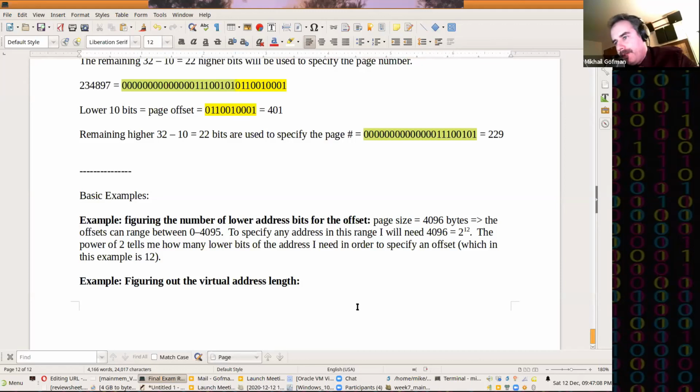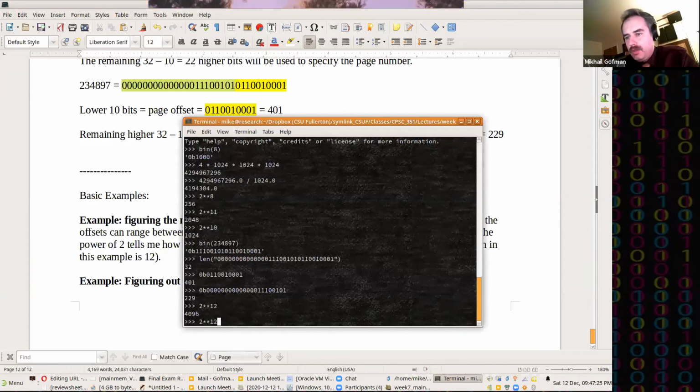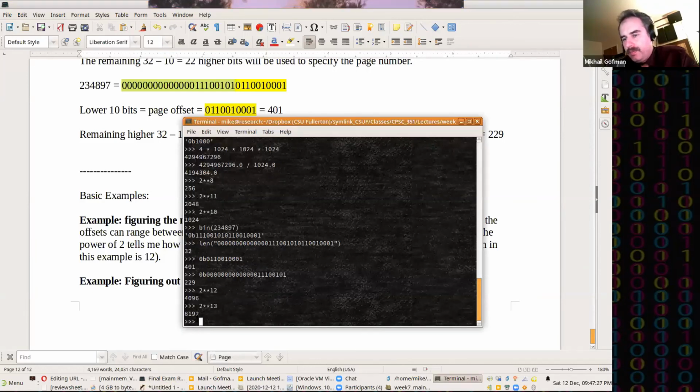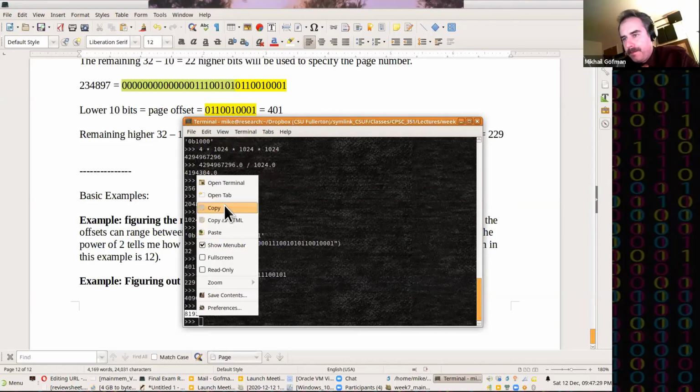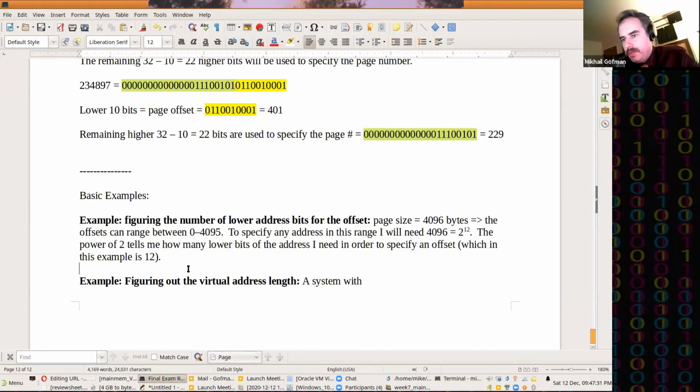Let's say a system with, let me pick a number, 8,000 bytes of virtual memory.